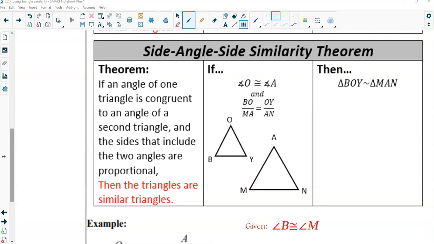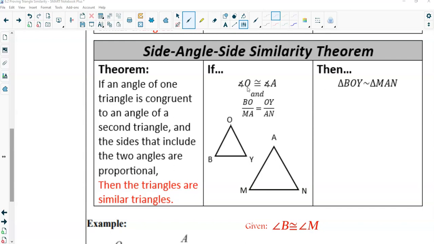Okay, here is the second similarity theorem, which is the side angle side. If an angle of one triangle is congruent to an angle of a second triangle and the sides that include the two angles are proportional, they don't need to be congruent, they only need to be proportional, then the triangles are similar triangles.